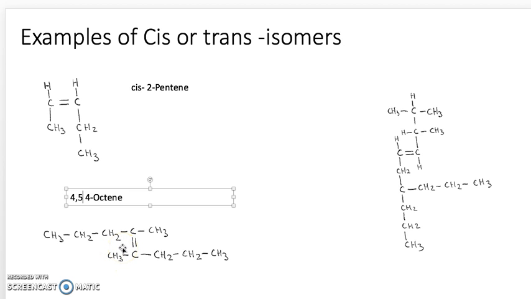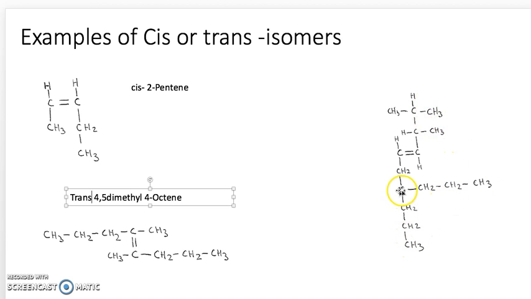So that would be 4,5-dimethyl-4-octene. The last thing we need to do is to describe if there's a cis-trans isomer. If we look at these carbon substituents hanging off the double bond, they are on opposite sides of the double bond, and therefore it is the trans isomer. Trans-4,5-dimethyl-4-octene.